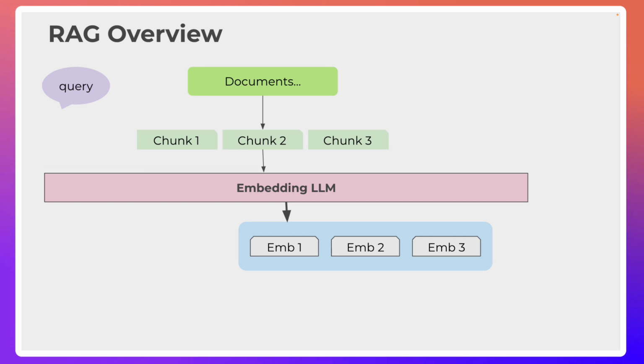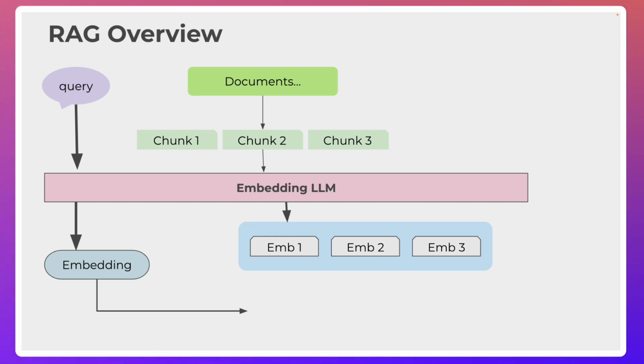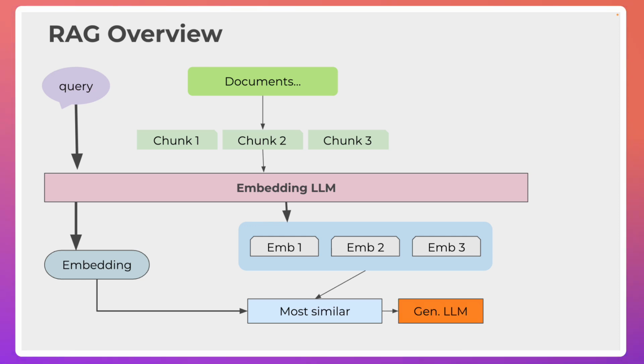Now the question, or the query, comes in, goes through the same process, and transforms into an embedding. That embedding is then used to find the most similar items in our retrieval system, our vector database, which are then pushed into a general large language model, which knows how to take that information, the most similar results, together with the question, in this case the prompt, and produce the response that we're looking for.